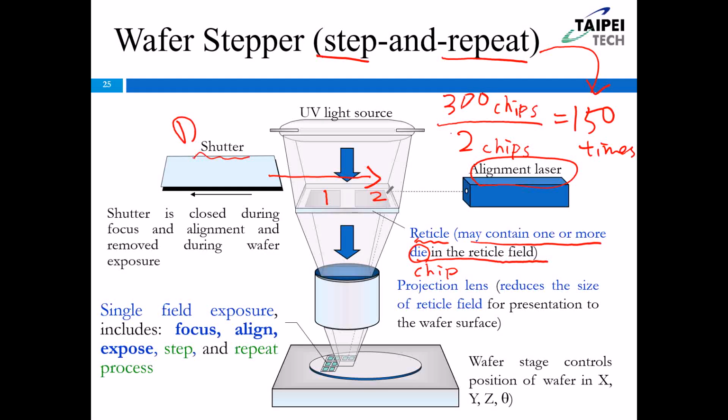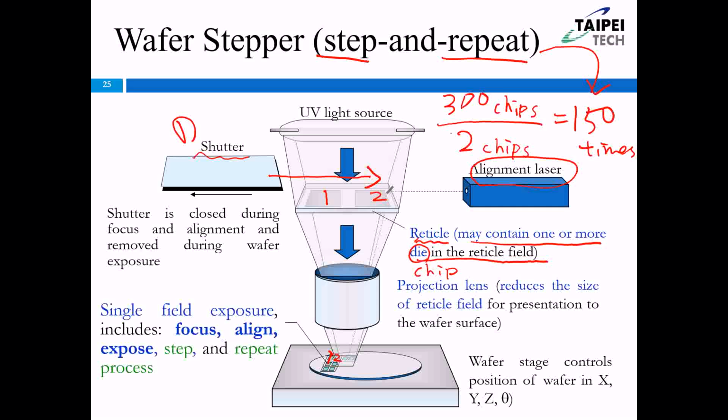So we mentioned the single field exposure. This is the single field, 单次的曝光, single field exposure. It means for this single field exposure, we only expose 2 chips, okay? One time we only expose 2 chips.